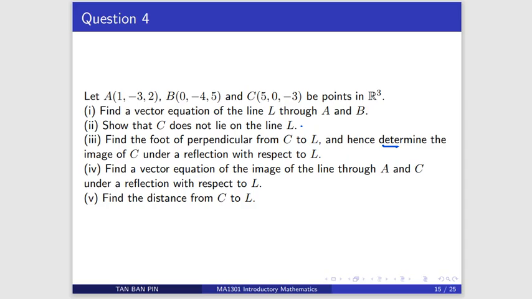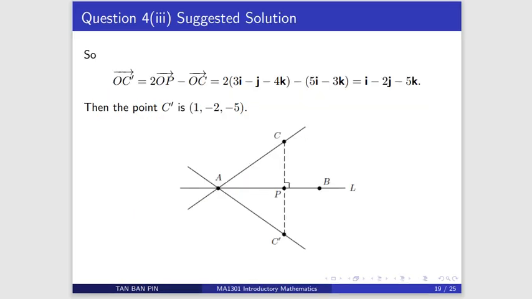In part 3, you're supposed to find the foot of perpendicular from C to the line L, and then determine the image of C under reflection with respect to the line L. To do such a question, you can draw a diagram to help you. You can let P be the foot of perpendicular from C to the line L. And then you're supposed to determine the image of C under a reflection about L. So if you reflect C about the line L, it will give you C prime.